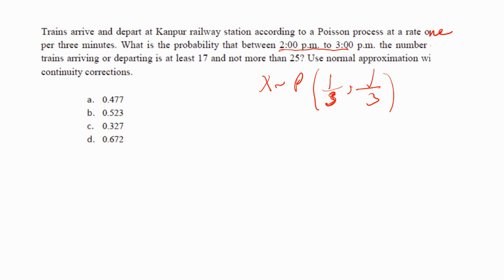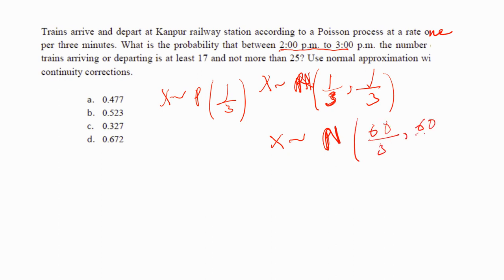So for 1 hour, it will be normal, and x follows Poisson. So for 1 hour, we just multiply by 60. Okay. So for 1 hour, it will be 20 and 20.